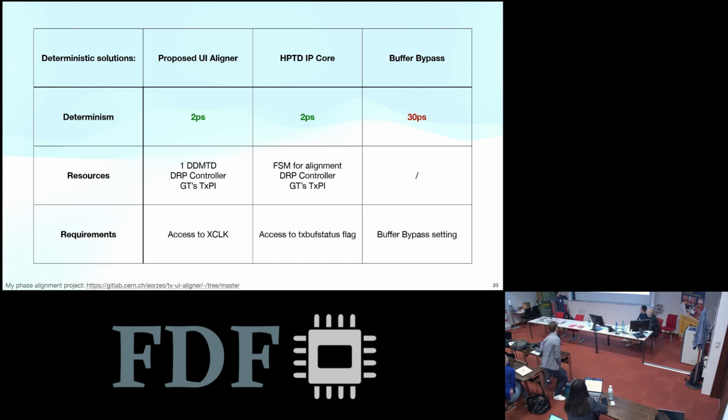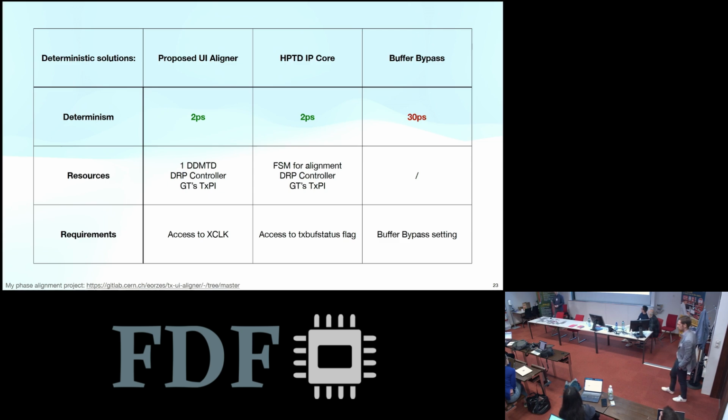We both need a DRP controller, the dynamic reconfiguration port, to talk with the phase interpolator of the transceiver for the phase shift. And of course, we need this phase interpolator. Then I need access to this X clock, which is a clock that has the same phase of the transmitted data, while the HPTD IP core needs access to this TXBuff status flag.